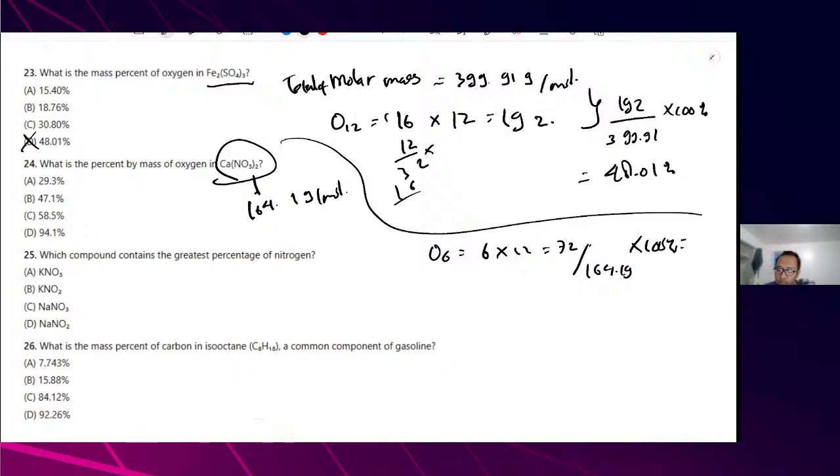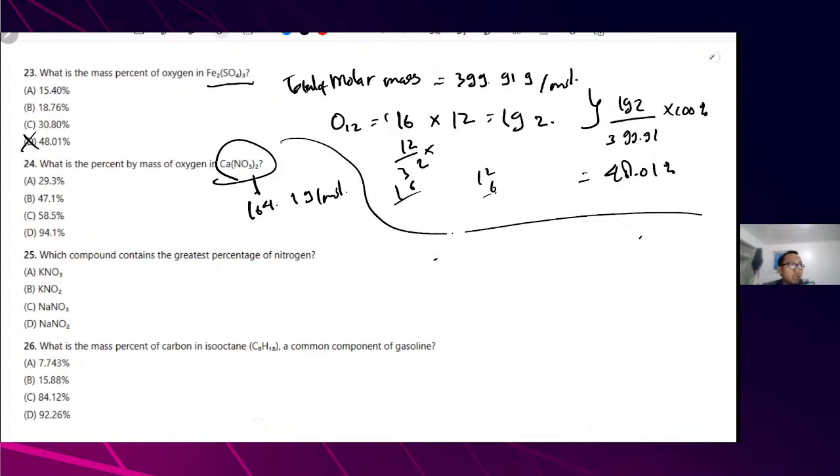Oh wait, no. Wait, let's take a look. Let me calculate manually. Number 24, the total molar mass is 164. Oh, this is percent by mass, sorry, not like the previous one.